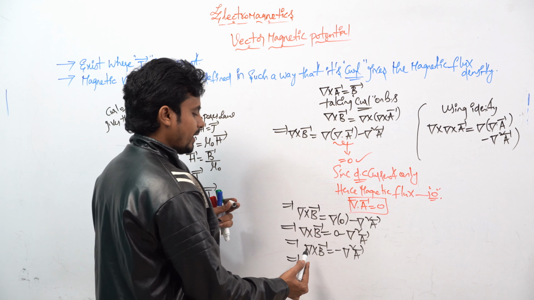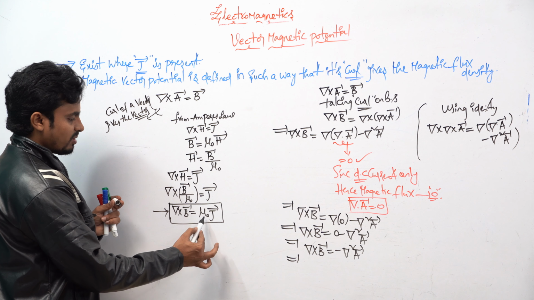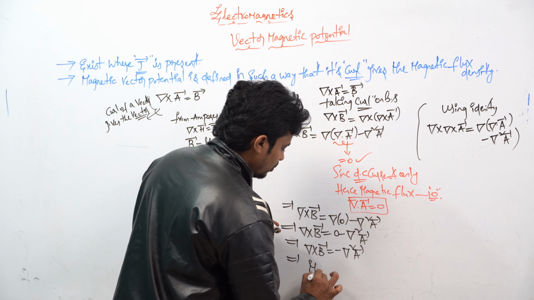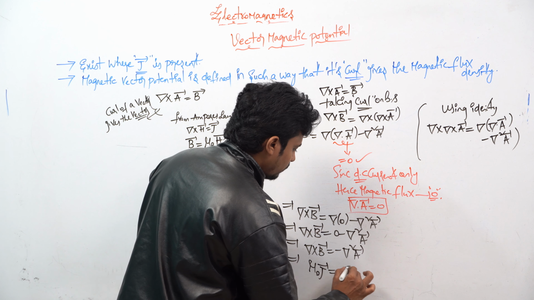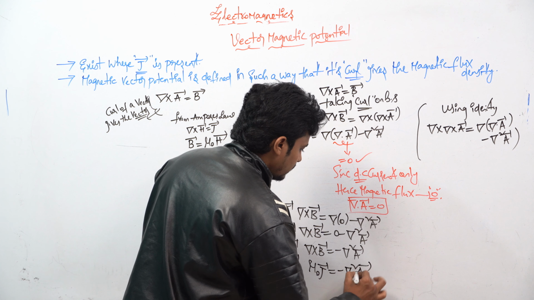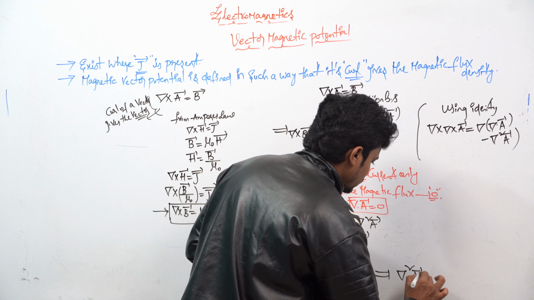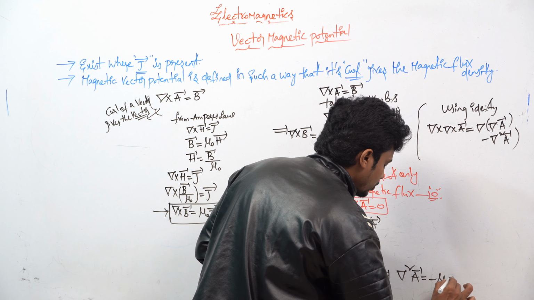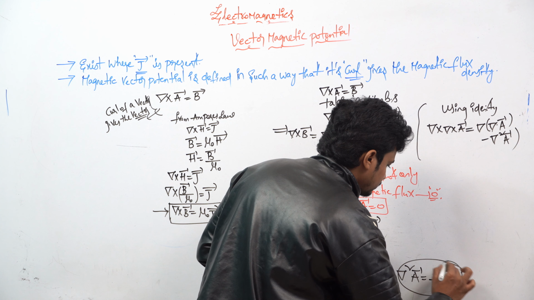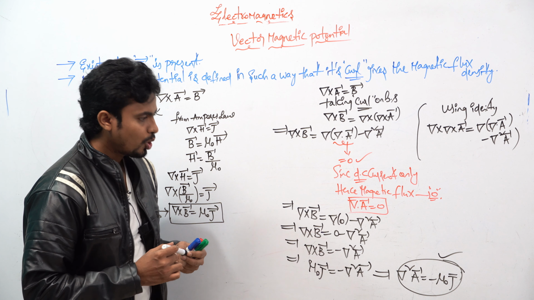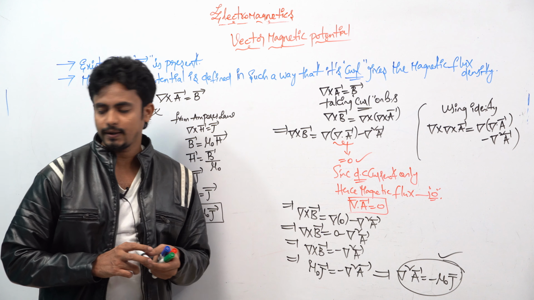And del cross B bar will be mu naught J bar. So mu naught J bar is equal to minus del square A bar. So del square A bar will be equal to minus mu naught J bar.